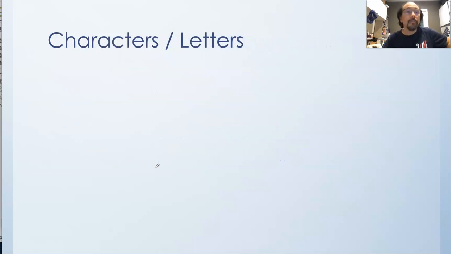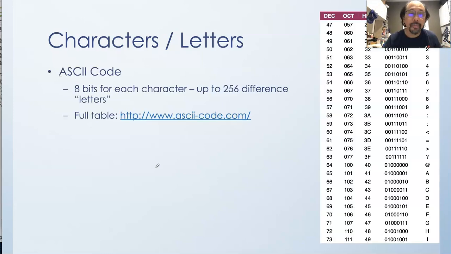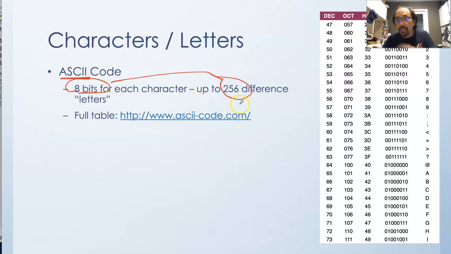Okay, let's look at some other data formats. Numbers aren't the only thing we want to represent. We could also represent letters and characters. So if I wanted to spell my name out, what do I do? Originally there was a code called ASCII, which used 8 bits for up to 256 different letters.